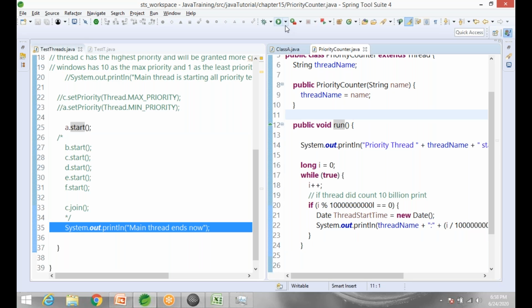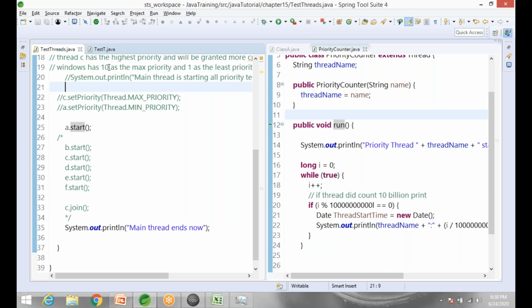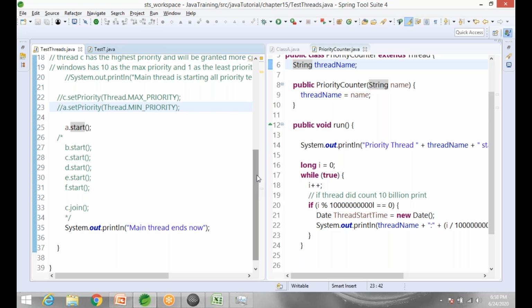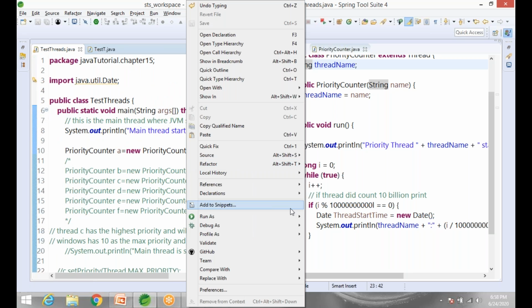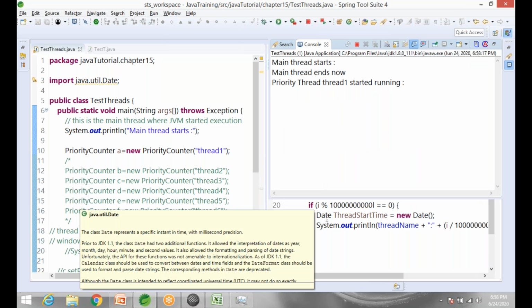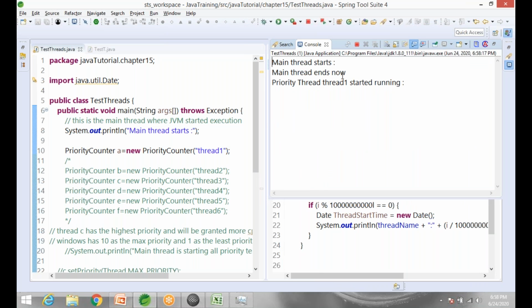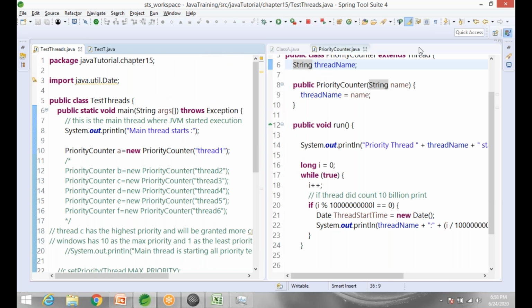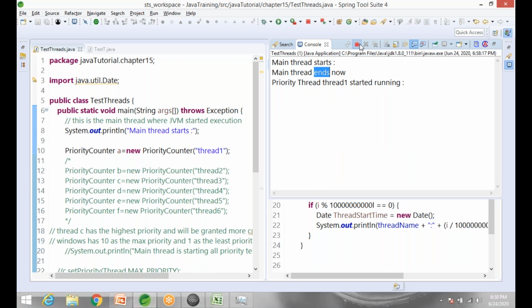So here, let's start this program. We have a test thread and we have a priority counter. We have two programs. If you notice, the main thread already ended. Every time you reach the last line of the main method, didn't your program terminate?